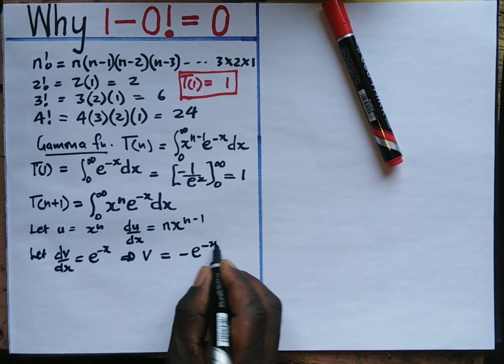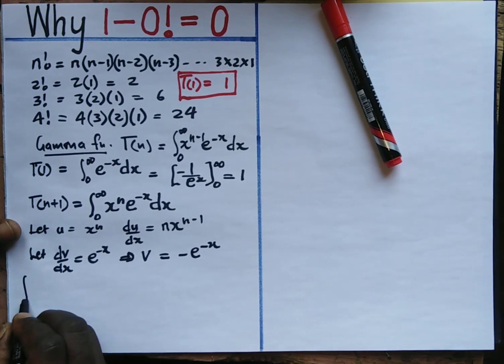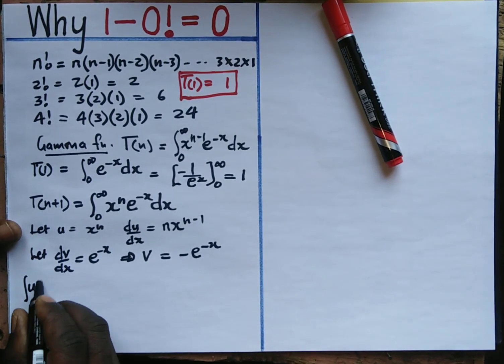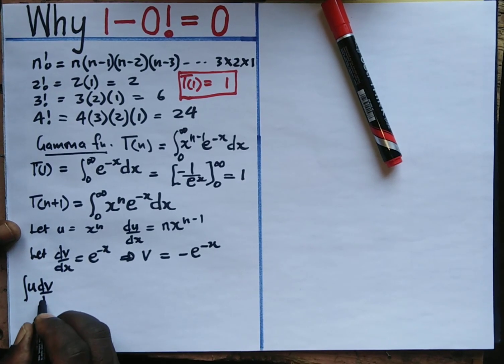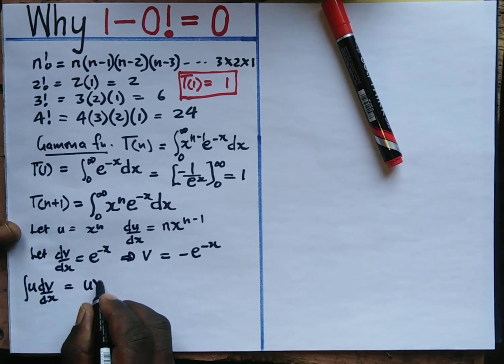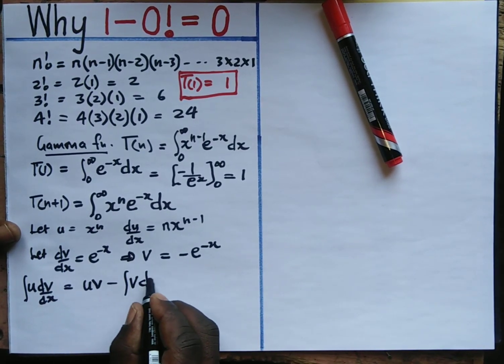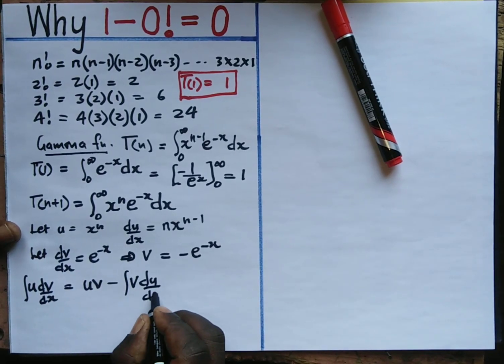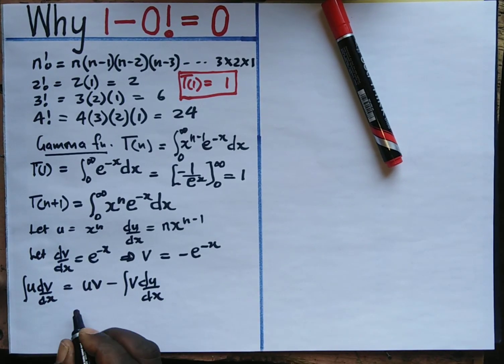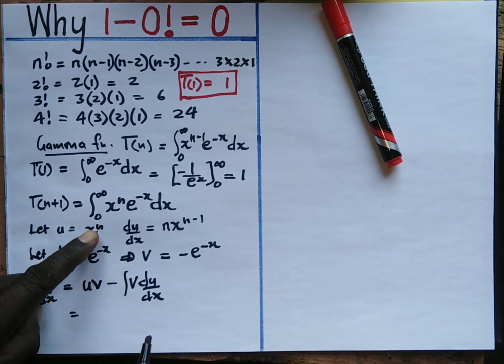Now, integration by parts says the integral of u dv dx is equal to uv minus the integral of v du dx, which of course gives us our u. We said it's x to the power n.